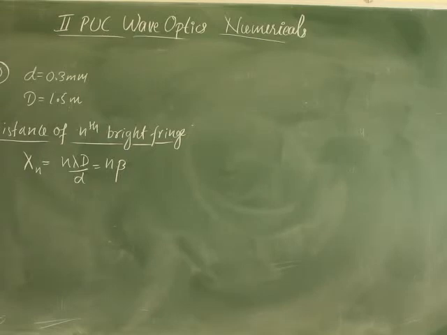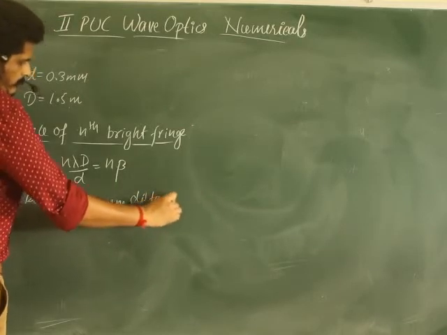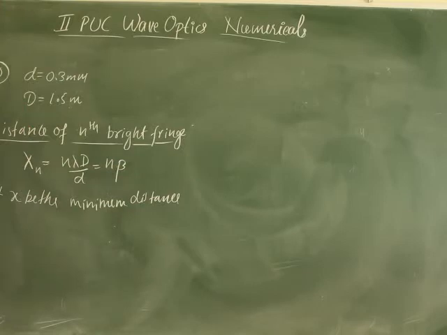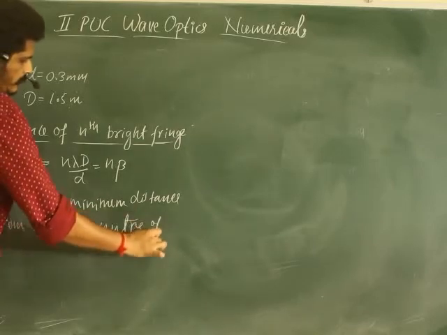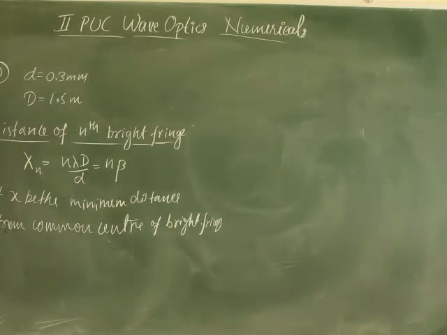So let x be the minimum distance from the common center of bright fringe.